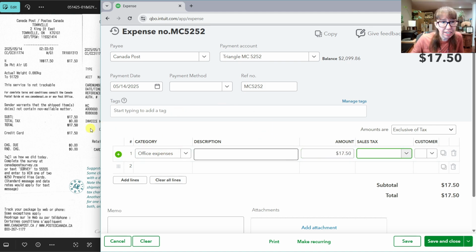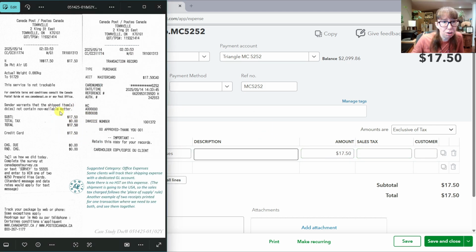What's interesting here is you can see that there's actually no HST on this. That's because Canada Post follows the place of supply rule when it comes to charging GST, HST, and PST. So if this was being shipped to Quebec, for example, Canada Post would charge me GST and QST because the place of supply rule says you charge the sales tax rate of the place where the goods take ownership.